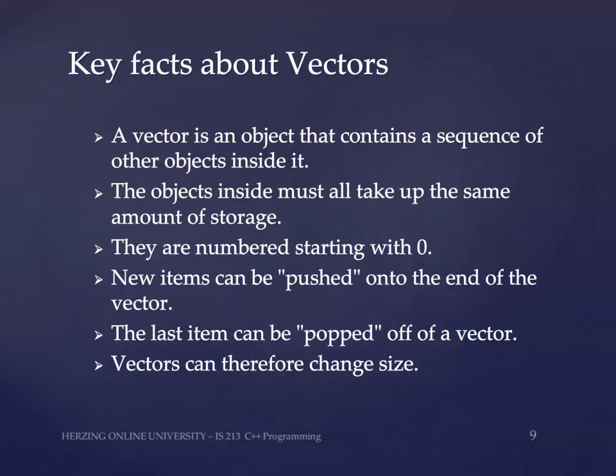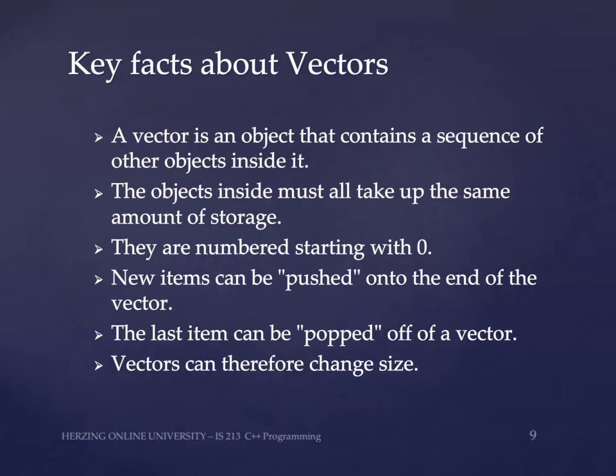Another thing is, if the whole vector is called v, then the items in it are written like v[0], v[1], v[2], and so on. The last item is v[v.size() - 1], not v[v.size()], because it starts at 0. New items can be pushed onto the end of the vector.